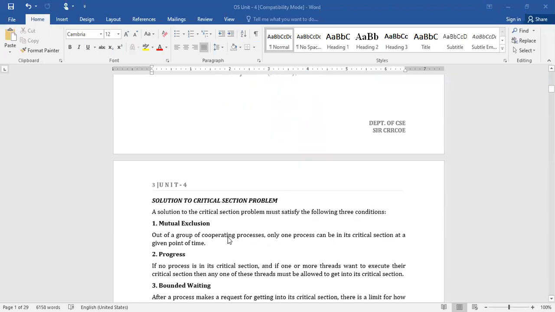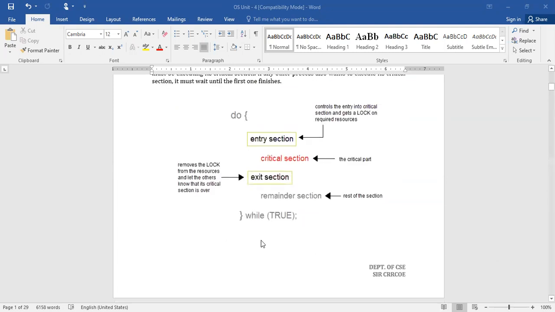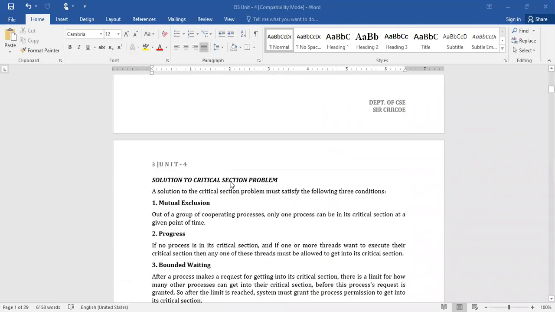Okay, so here we need to implement this critical section mechanism by ensuring the following three conditions. Every mechanism you implement must satisfy them, because you may develop a software routine or a hardware component to do this.